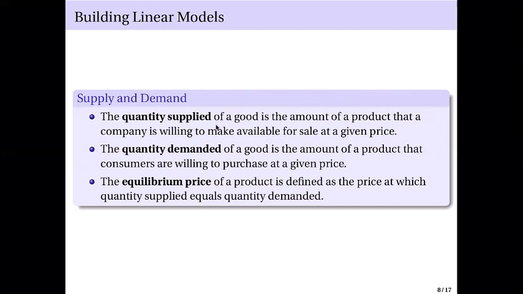Why is that? Take note, the quantity supplied is from the perspective of the company. So if the product has an increasing price, most of the time the company will take advantage of that. Because if they produce a big supply and are able to sell those goods at a higher price, then they have more profit.